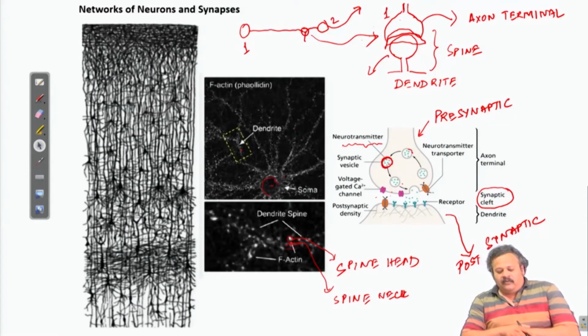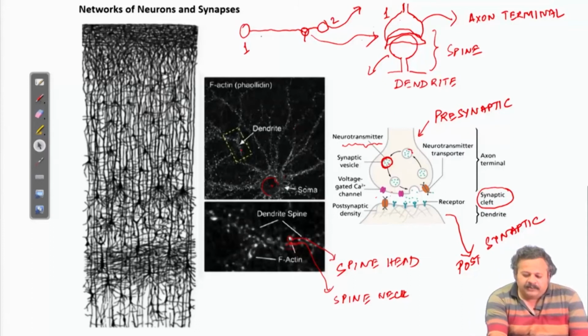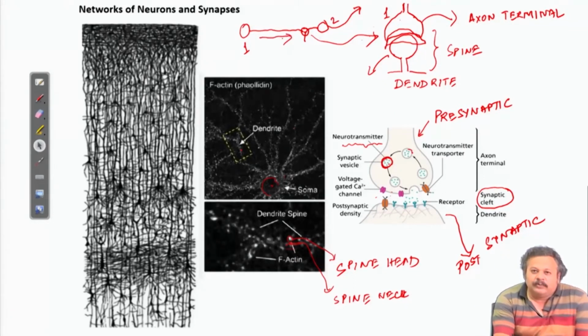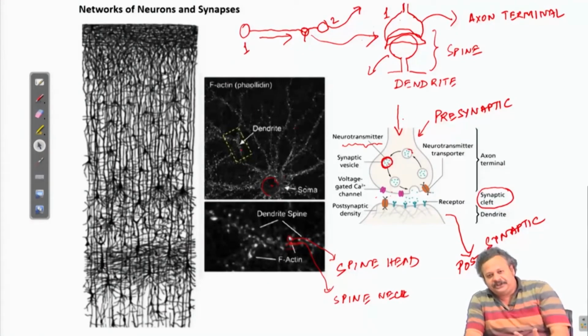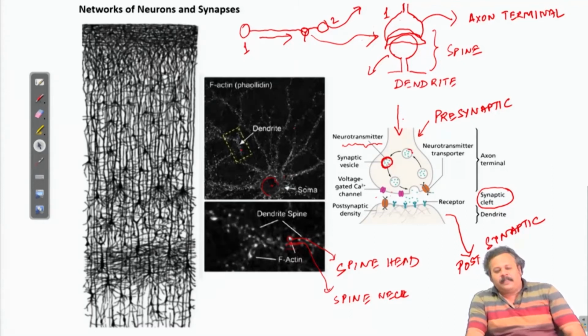And when information needs to be transmitted from the presynaptic side to the postsynaptic side, that is, in this direction, it is the action potential or the membrane potential change that transfers from the soma and goes along the axon to the axon terminal and causes a membrane potential change in the presynaptic terminal.